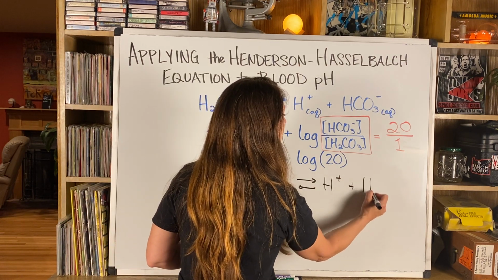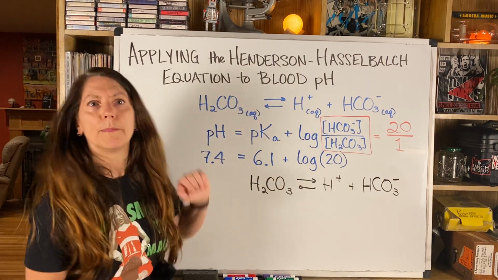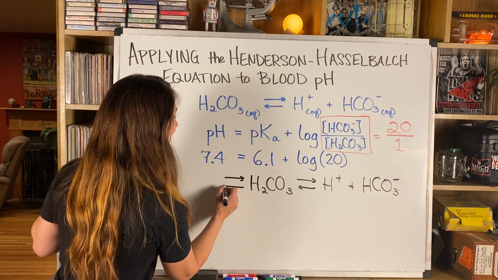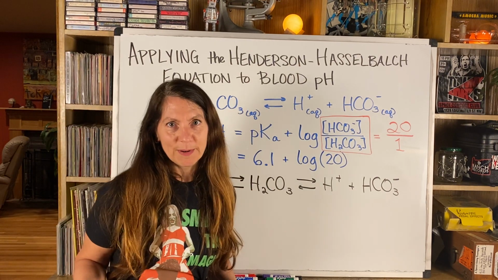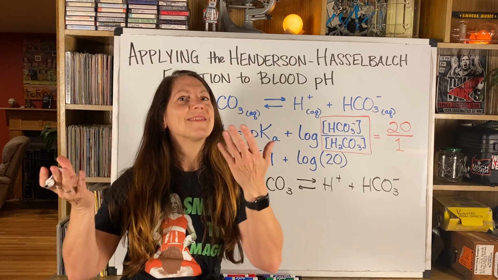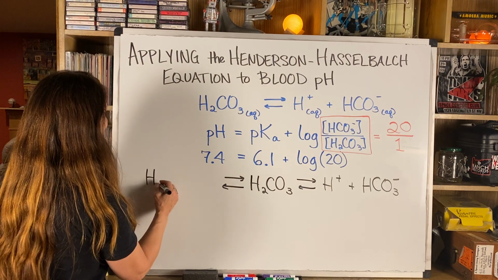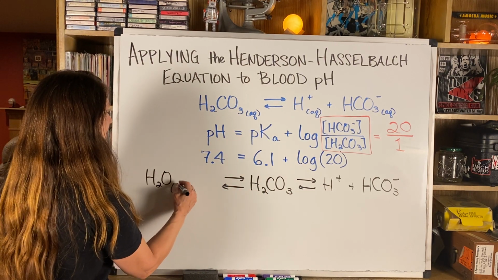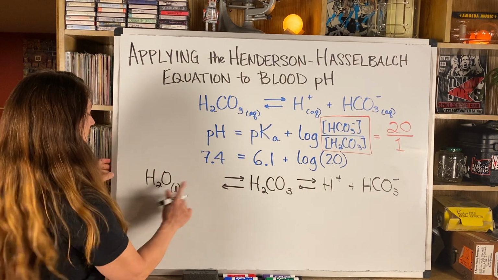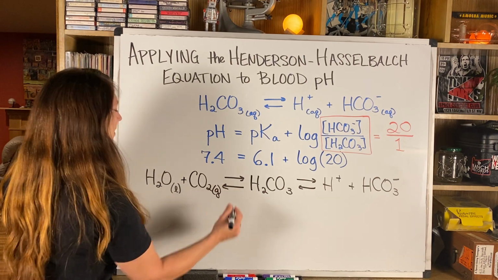Okay, and we get the bicarbonate. All right, this is what we have already written up here. But it can also undergo another equilibrium, and that has to do with water and carbon dioxide. Okay, so water and carbon dioxide. Here, these other species are all in aqueous solution. Water is liquid, carbon dioxide is a gas.